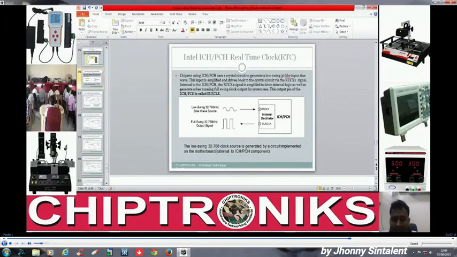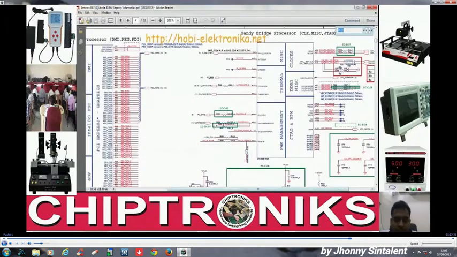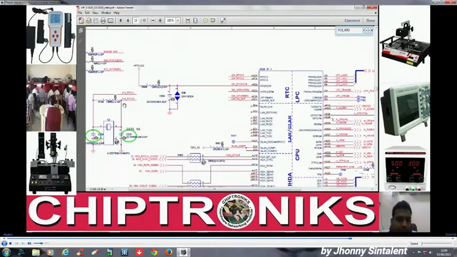But when you measure the value over here, you will get a high amplitude signal. How does it happen? We have to understand this phenomenon in order to understand whether my RTC section is working or not.